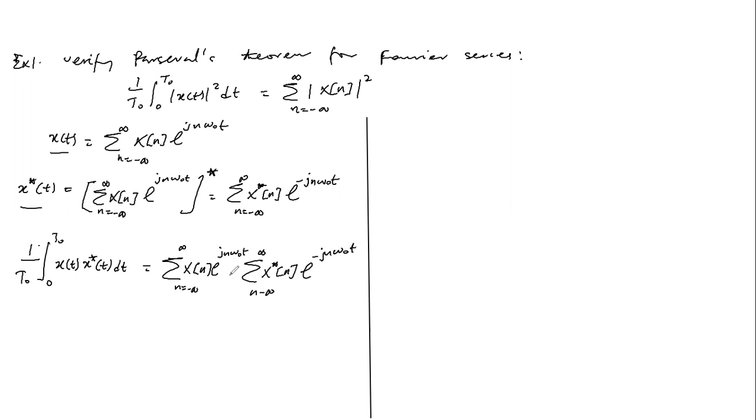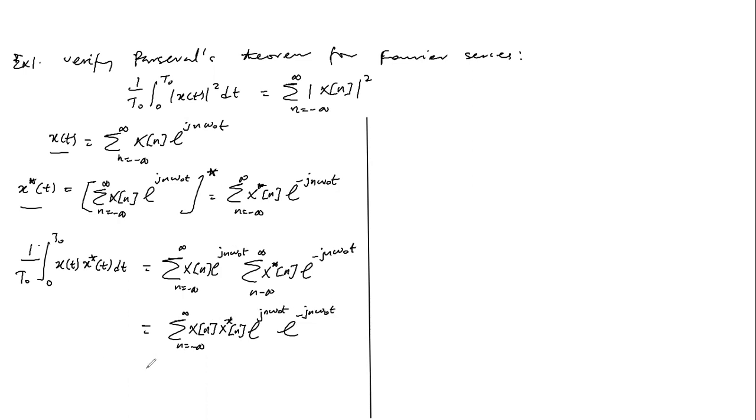We have the same limits, so we can replace them with a single one, negative infinity to infinity of S_n times the conjugate of S_n, e^{j n ω t} e^{-j n ω t}.